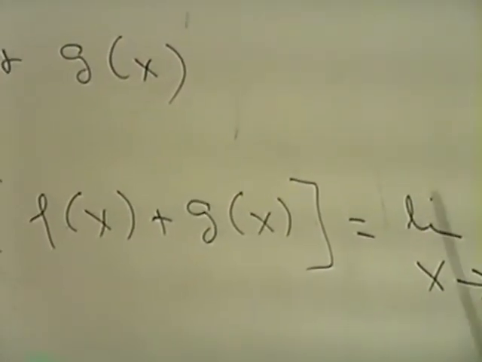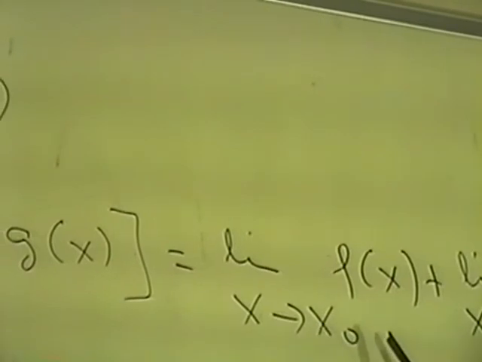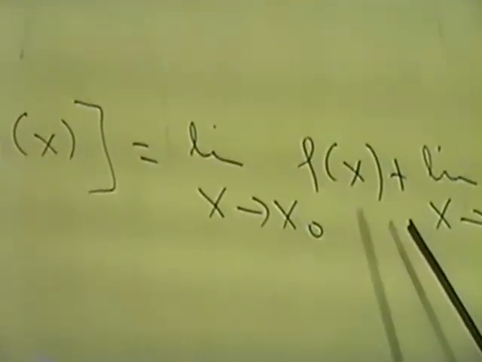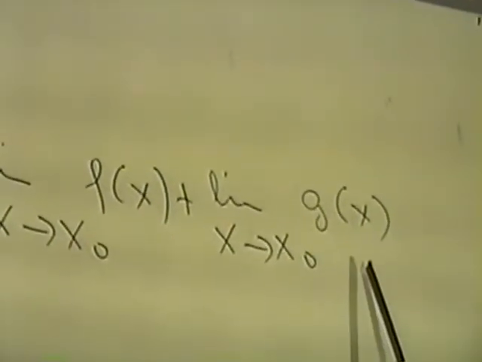That will be equal to the limit as x approaches x sub 0 of f of x plus the limit as x approaches x sub 0 of g of x.